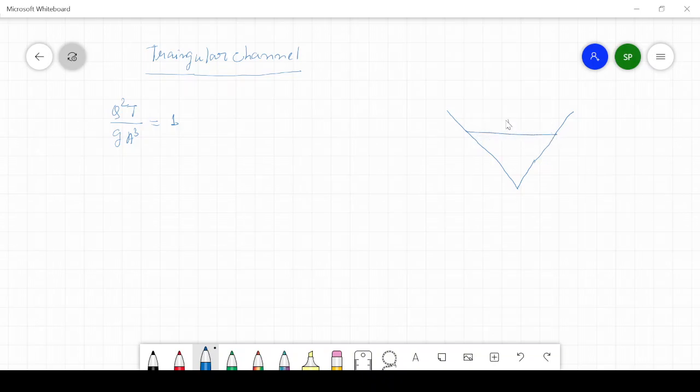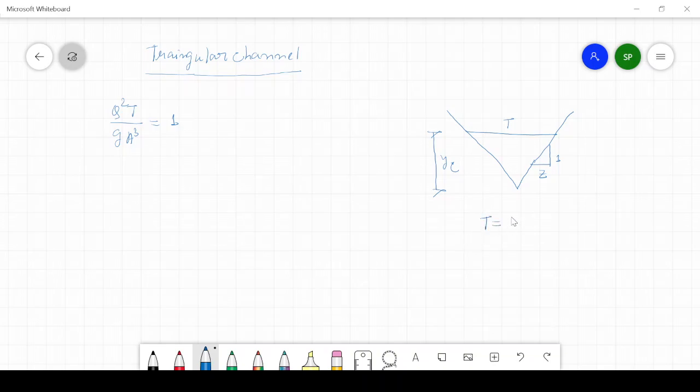This is the top width T. So slope is z is to 1. Okay. This distance is yc. Now T is equal to what?